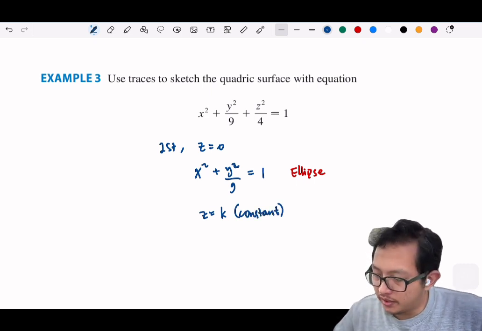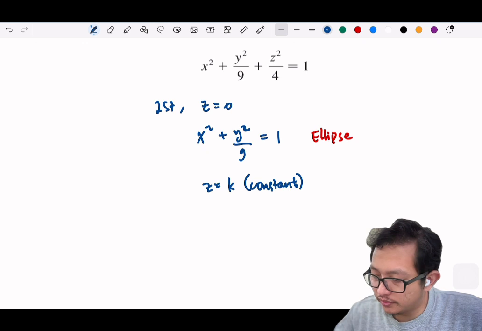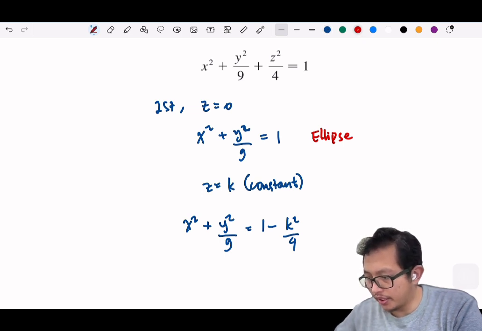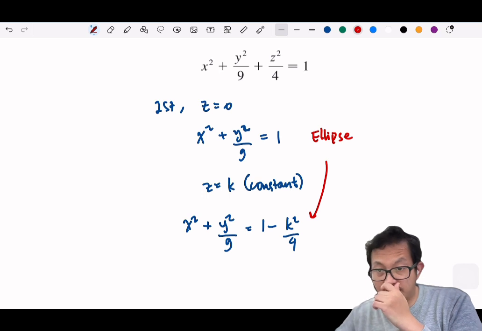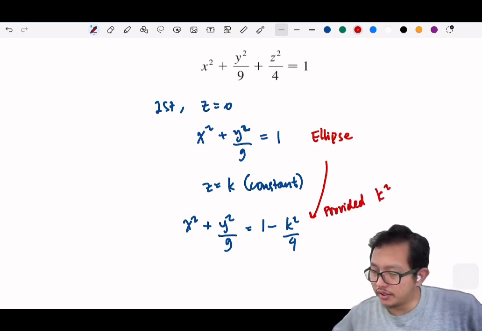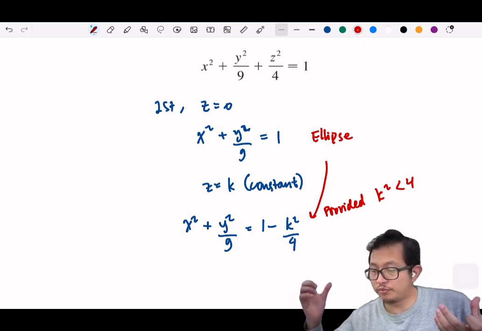And if we take z equal to a constant, now we can write this as k squared over 4, right? So k squared over 4, which is another constant. Then this is actually an ellipse provided that k squared needs to be less than 4. Okay, so that it will be an ellipse.